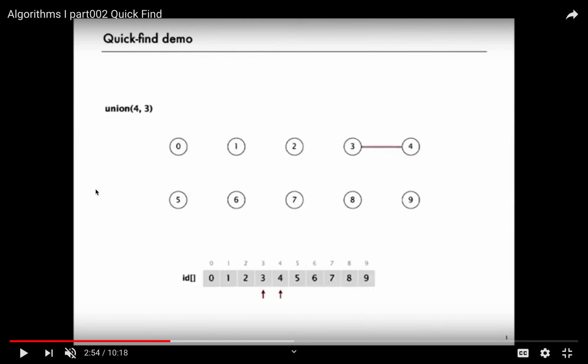If you look at this example again, originally it is 0, 1, 2, 3, 4, 5, 6, 7, 8, 9, and we have the IDs 0, 1, 2, 3, 4, 5, 6, 7, 8, 9.